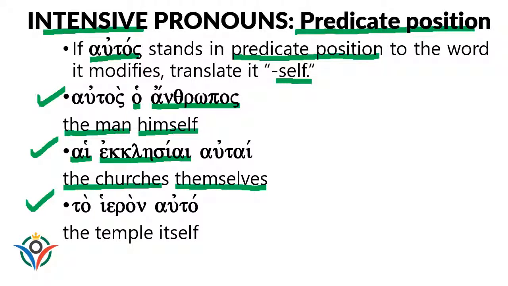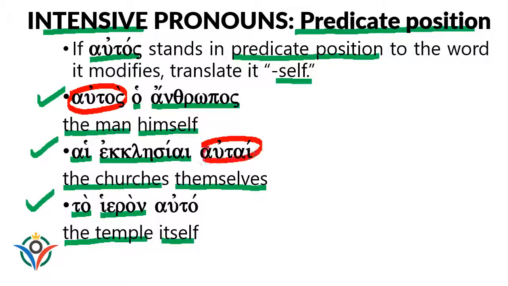Right, once again, the article comes before the noun, so it's predicate position. We translate it as the temple itself. All right, so all the forms of autos, and these examples are in the predicate position, and therefore we focus on translating it with some variation of self.